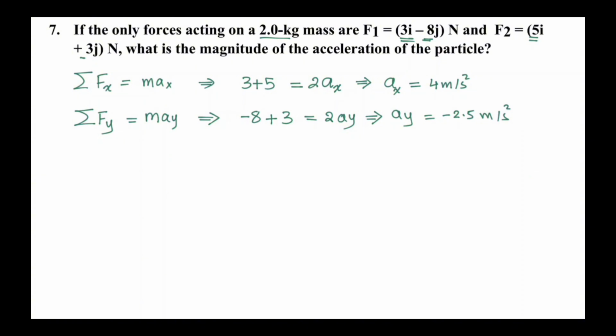Since the question asks for the magnitude of the acceleration, A is equal to the square root of AX squared plus AY squared. AX is 4, and AY is minus 2.5. So the magnitude of A is equal to 4.7 meters per second squared.